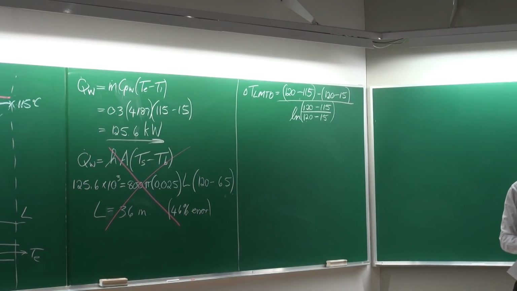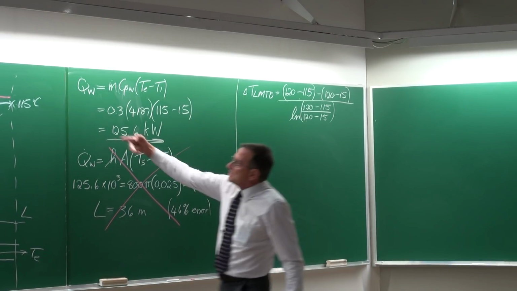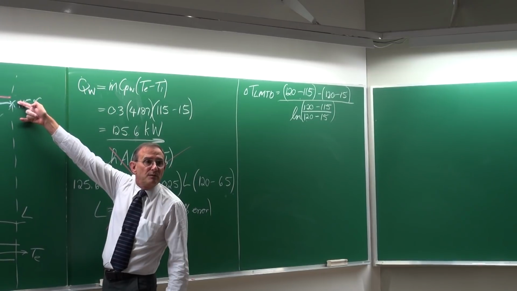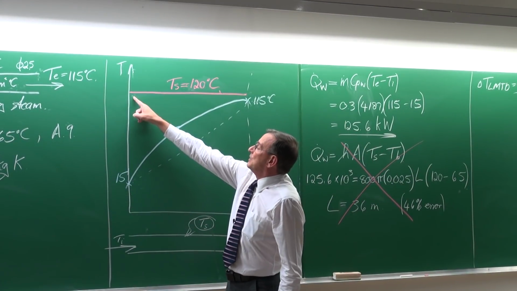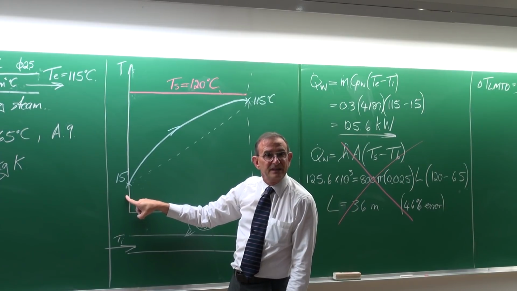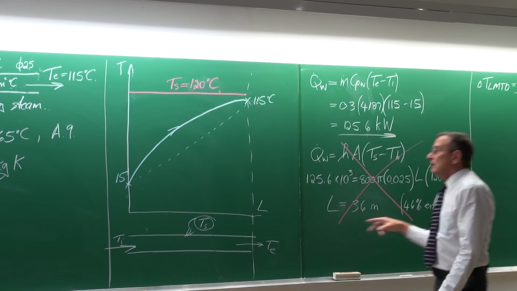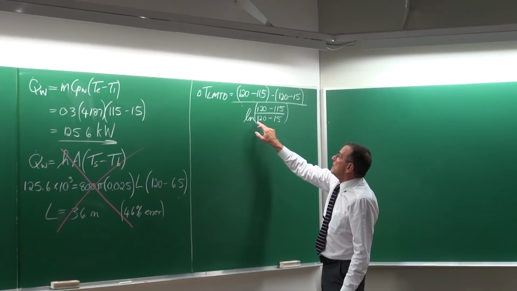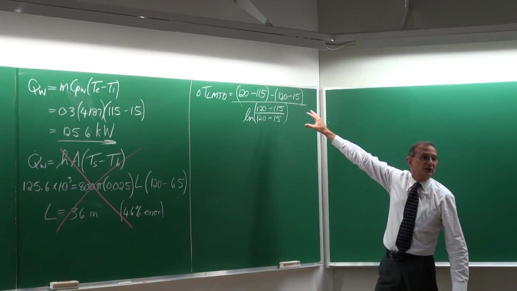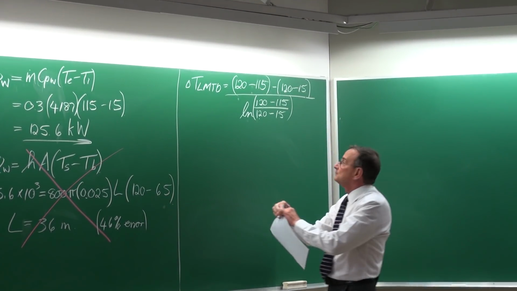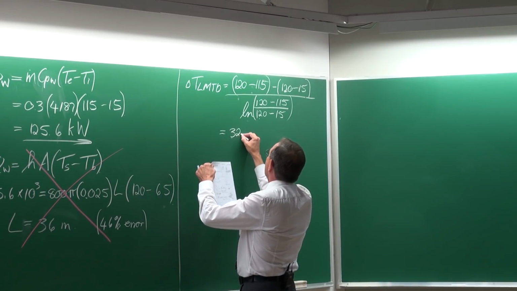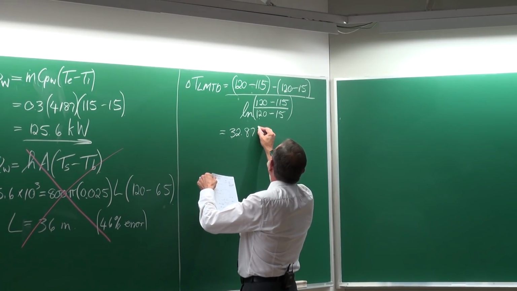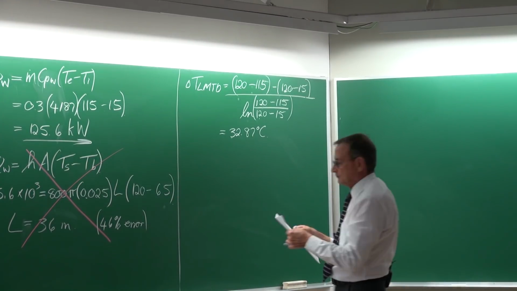It's very simple. It is this temperature difference minus that temperature difference, and then the ln of that term divided by that term. So the LMTD works out as 32.87 degrees Celsius.